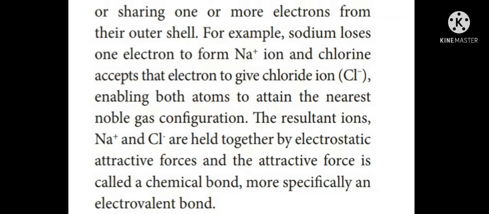Consider chlorine with atomic number 17. The electronic configuration can be written as 2, 8, 7. In order to attain noble gas configuration, it gains 1 electron and forms Cl- ion with electronic configuration 2, 8, 8. Here the Cl- ion has the stable electronic configuration of argon. The electron lost by sodium is gained by chlorine. Both atoms attain the nearest noble gas configuration.